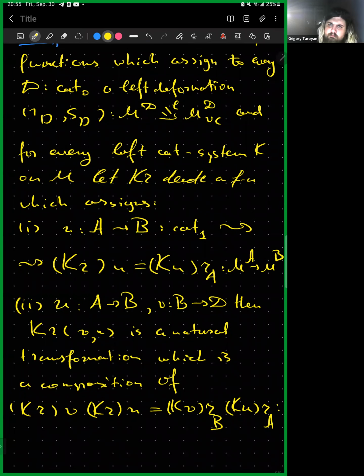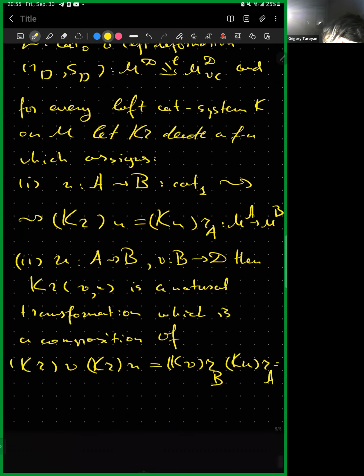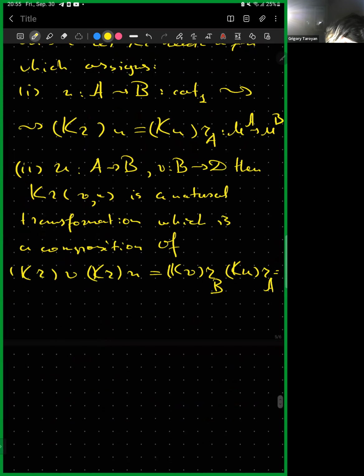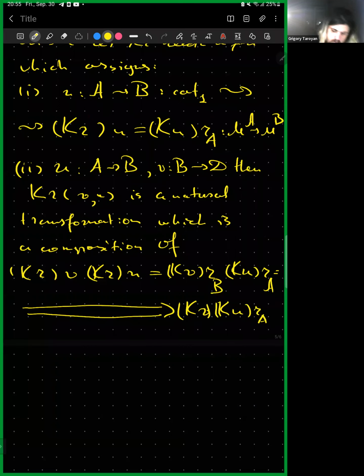So yeah, we have a natural transformation from this thing to K V K U R_A.